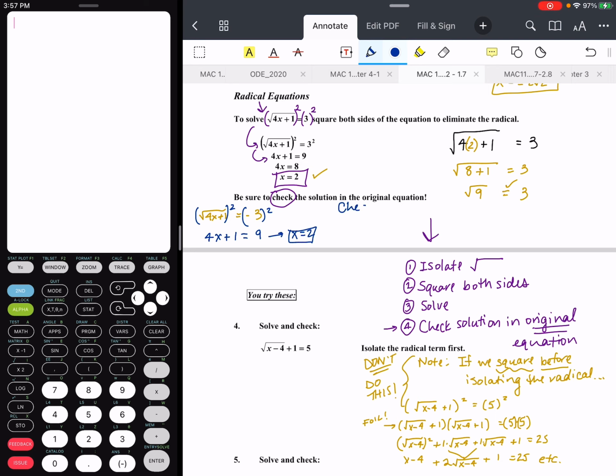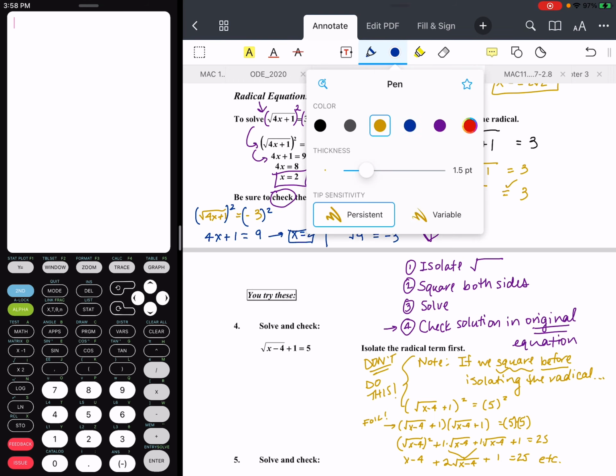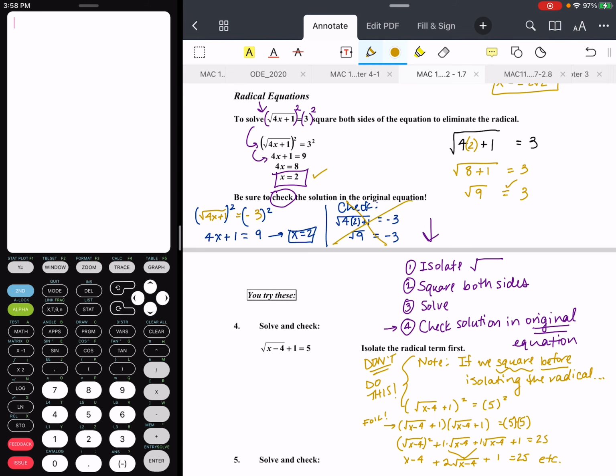And then when I go to check this in the original equation, I should be seeing that the square root of 4 times 2 plus 1 equals negative 3. And at this point, I have the statement that the square root of 9 equals negative 3, which of course is a false statement. So in this case, my solution doesn't work, and I would say there's no solution to the equation. Okay, so that's why the check is important.